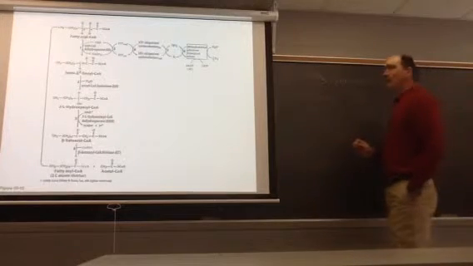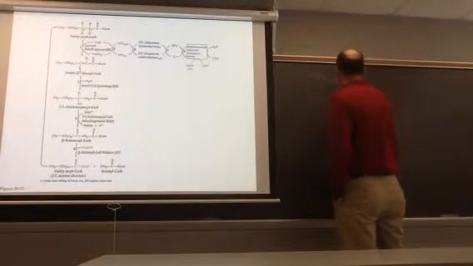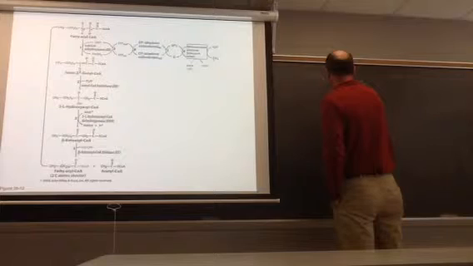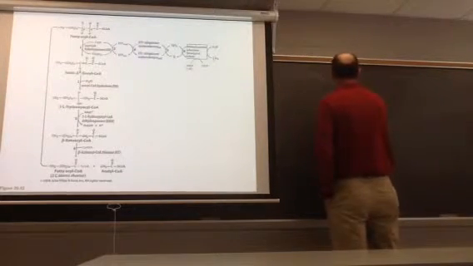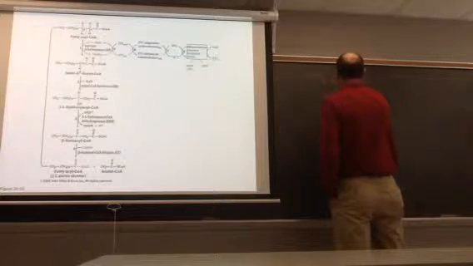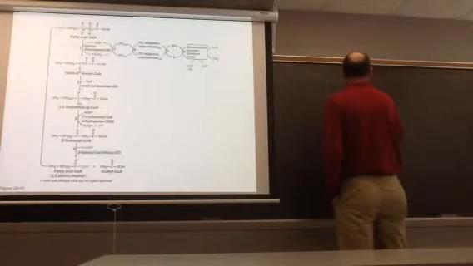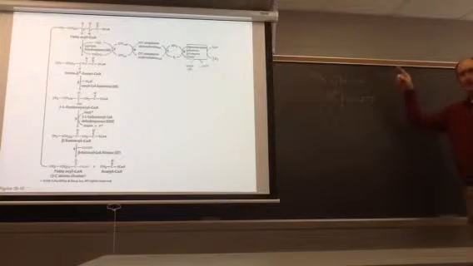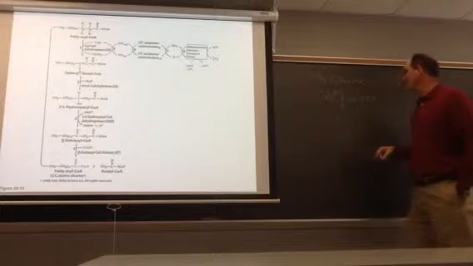So let's see. If we take those 3 glucose equivalents through glycolysis, that would give us 6 moles of ATP, right? 2 in, 4 out, net, 2 each, that's 6.